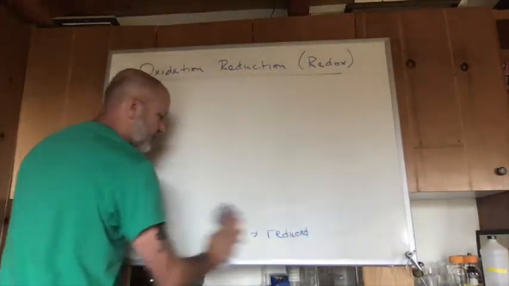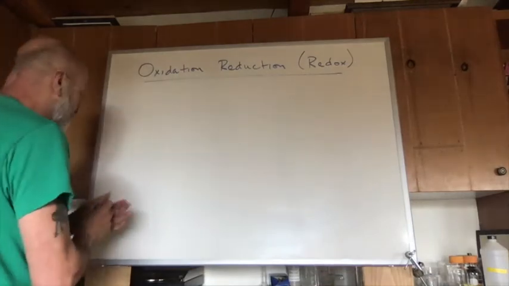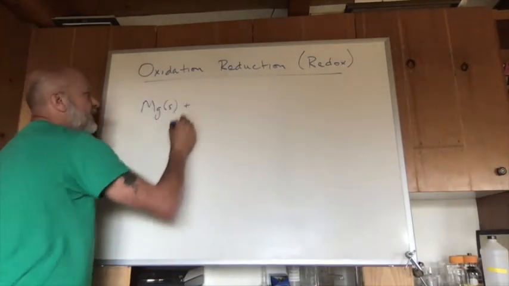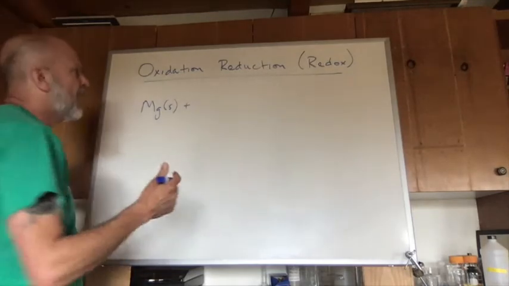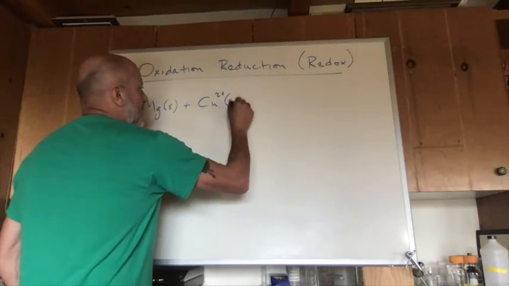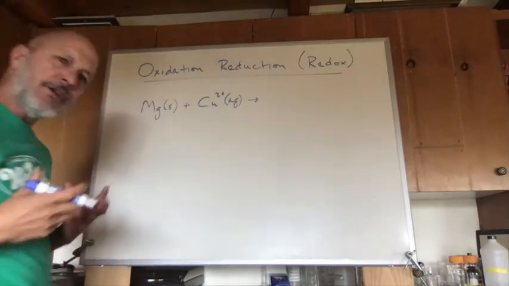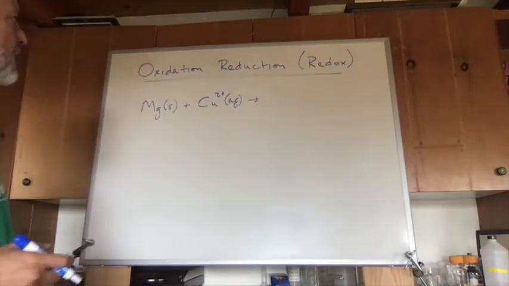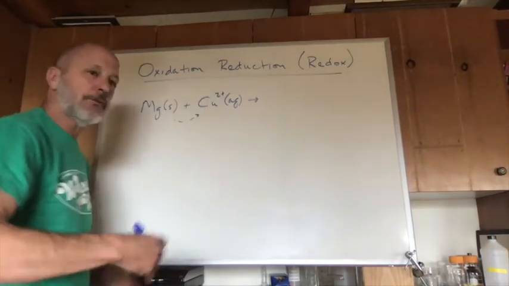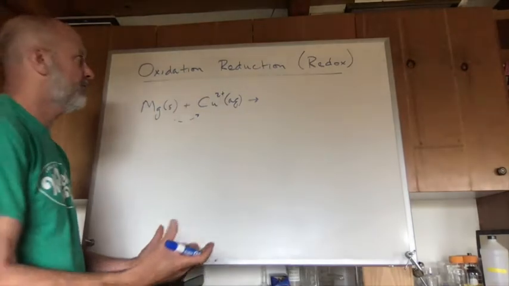I can also, I don't have this as a demo, but if I put solid magnesium in a solution that contains an ion, for example, copper 2 ion, that has more of an affinity for electrons than magnesium, the magnesium will actually give its valence electrons to copper because magnesium is the more active metal.